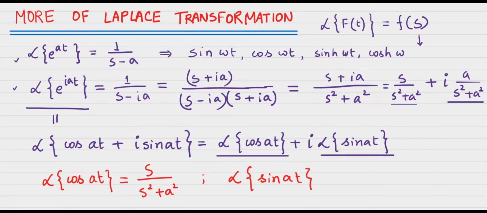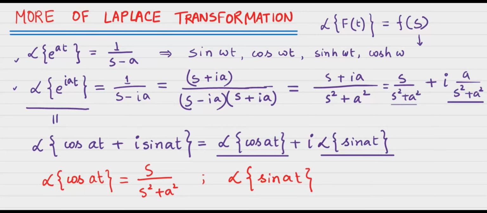Or plus a, because two negative signs make it positive. So we have 2a divided by 2 times s squared minus a squared, giving a divided by s squared minus a squared. Therefore the Laplace transformation of sine hyperbolic of at is equal to a divided by s squared minus a squared.